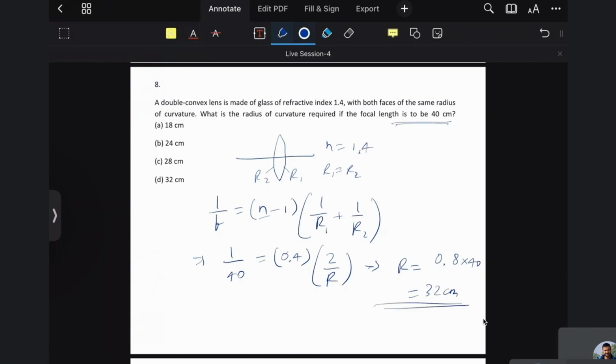So this is a simple problem. This is the radius of curvature required if we want the focal length to be 40 centimeter.